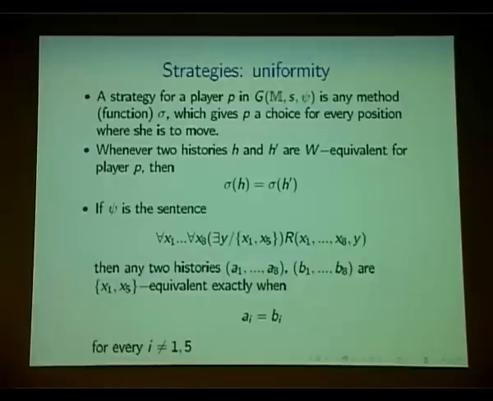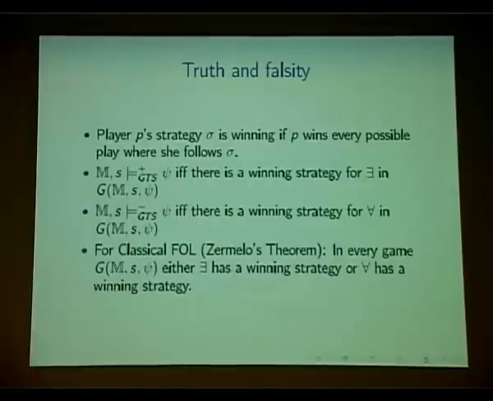They are X1 and X5 equivalent if they coincide on all the elements except 1 and 5, so they must coincide on all the elements outside the set W. When any such histories are W-equivalent, then the strategy must be constant on them. So truth and falsity is simply the existence of a winning strategy for one of the players.